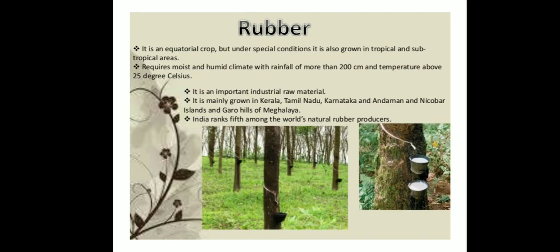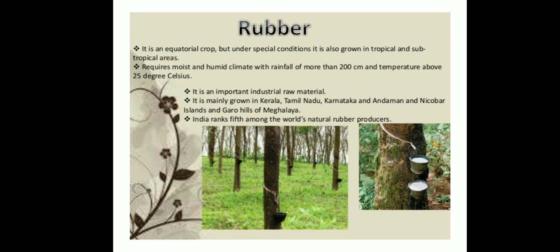After that, we have rubber. It is an equatorial crop, but under special conditions it is grown in tropical and subtropical areas. It requires a moist and humid climate with rainfall of more than 200 centimeters and a temperature above 25 degrees Celsius. It is an important industrial raw material.